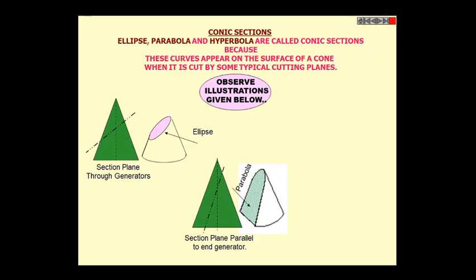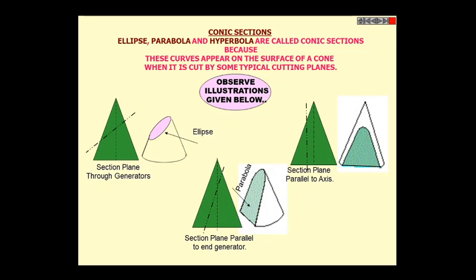Then the section will be a parabola. Likewise, if we cut the same cone parallel to the axis, then the section will be a hyperbola. These are the few types of conic sections we are going to see in this topic.